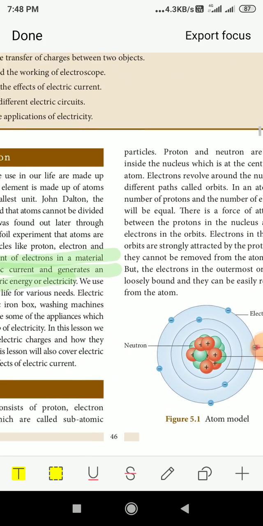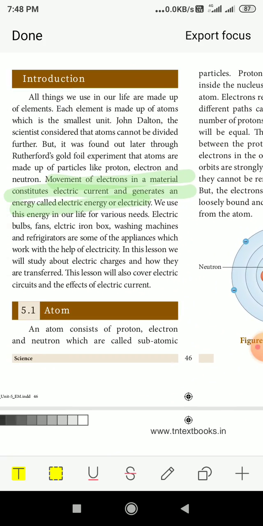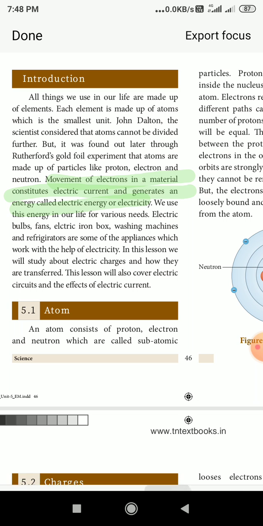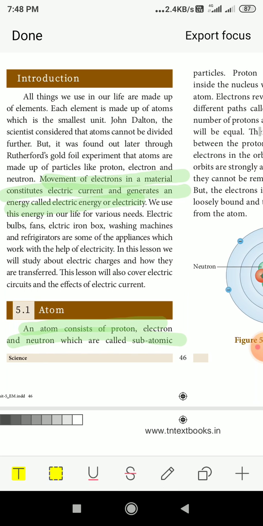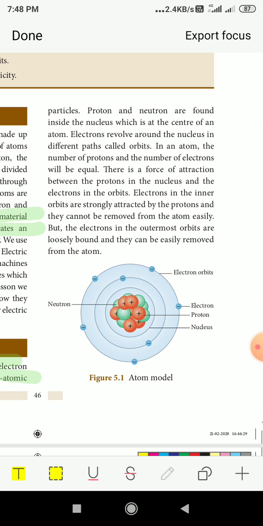And you are studying the atomic structure lesson, that each and every atom consists of protons, electrons, and neutrons. Protons and neutrons, in the nucleus, and the electrons always have negative charges, and the electrons revolve around the nucleus in different paths called orbits.